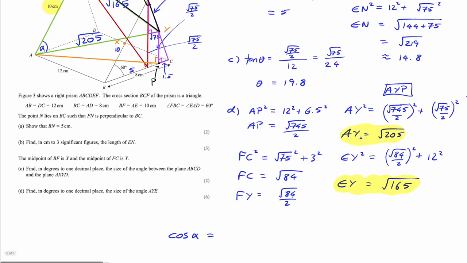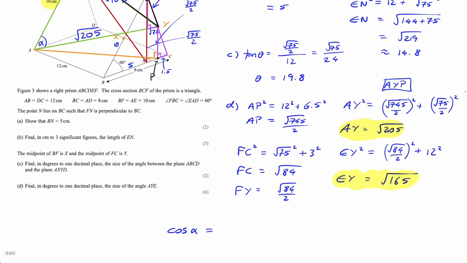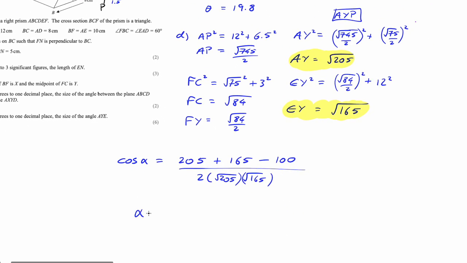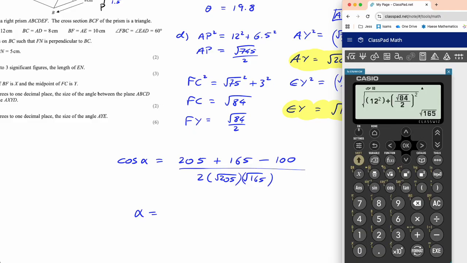If you've made it this far, it's going to be this squared plus this squared minus this squared, which is root 205 squared is 205 plus root 165 squared is 165 minus 10 squared is 100, all over 2 times root 205, that's a 2, times root 165, and that, hopefully, please, will be the right answer, because I don't want to do this question again, guys.